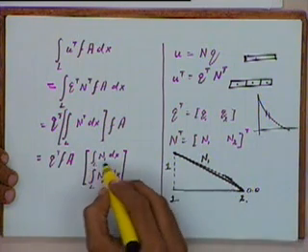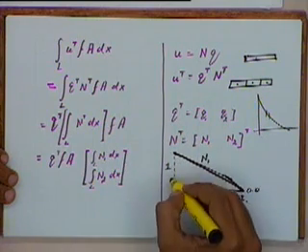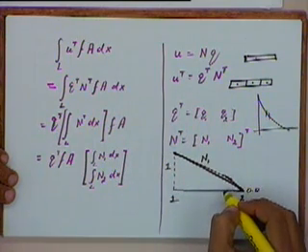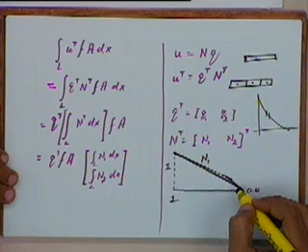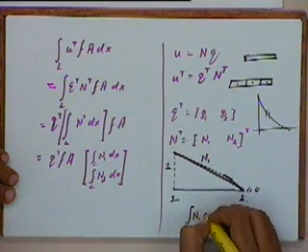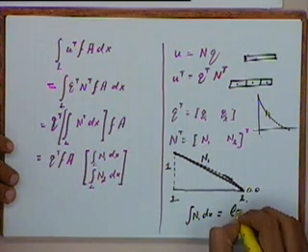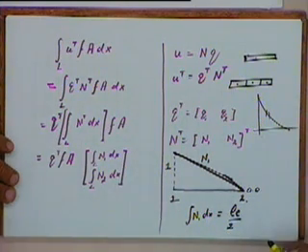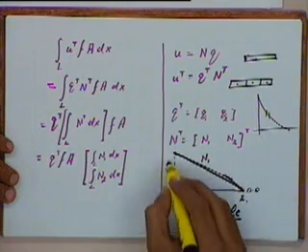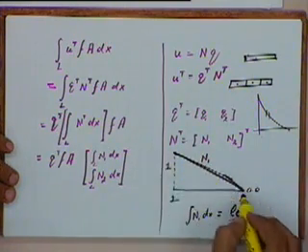And what is the integral of N1 dx? Integral of N1 dx is nothing but the area under this curve. So integral of N1 dx will be the length of the element divided by 2, because this is a triangular area, we are taking a linear shape function, so N1 is a straight line.